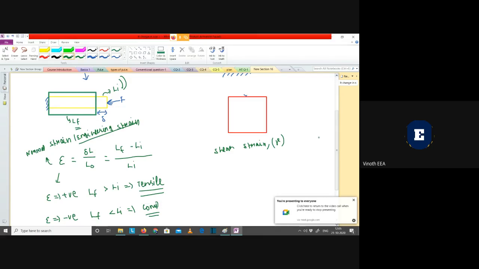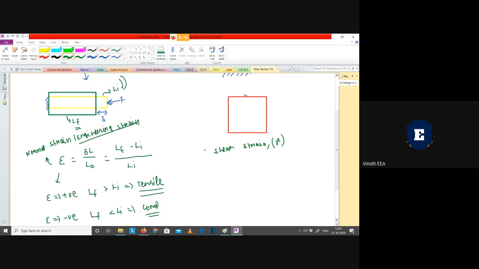Right. Initially, for finding out shear strain, you have to take two line segments. Understand this properly, how we are going to define shear strain in strength of materials, because there is something called shear strain rate, which we will be discussing in fluid mechanics.